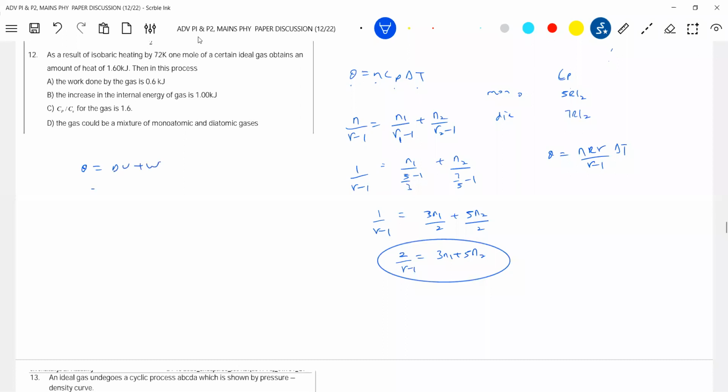What you said, nR delta T. So this will be delta U. nR delta T will be delta U by gamma minus 1. This will become gamma delta U. With this, we'll get the gamma. Okay, this gamma now substitute here. So N1, N2, some values, will it satisfy? You have to check it.